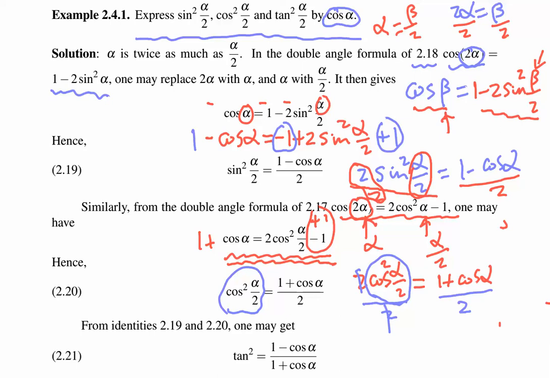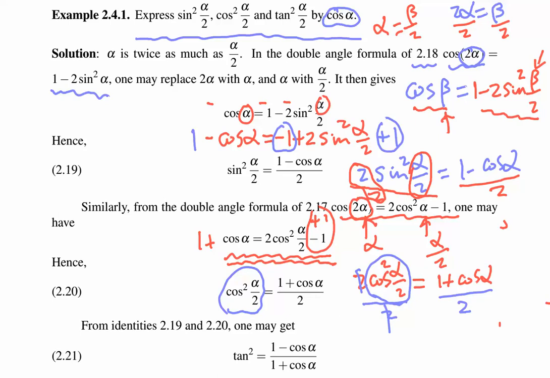So you have sine alpha over 2 squared equals 1 minus cosine alpha over 2. You have cosine alpha over 2 squared equals 1 plus cosine alpha over 2. Minus, you get sine squared. Plus, you get cosine. You see the sign here is a very important thing, very delicate.